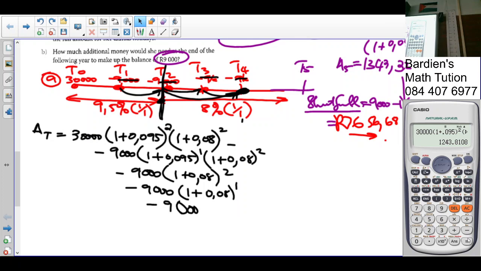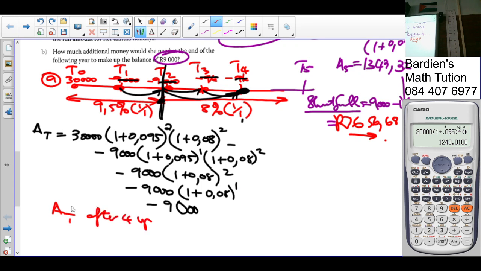Which gives me 1,243 Rand. So the total after 4 years of throwing 9,000 Rand is going to give you 1,243,81.